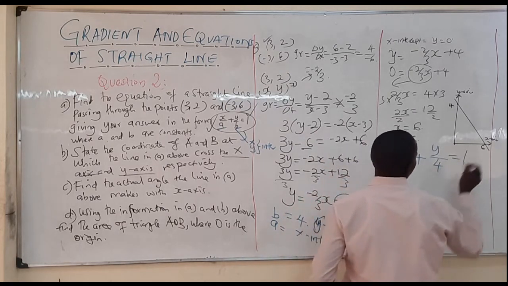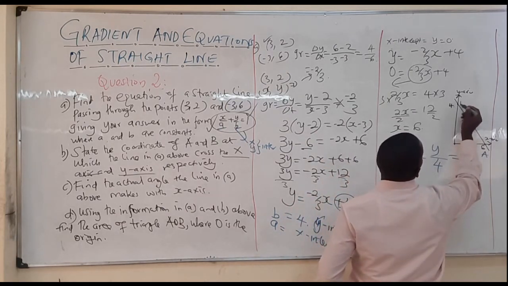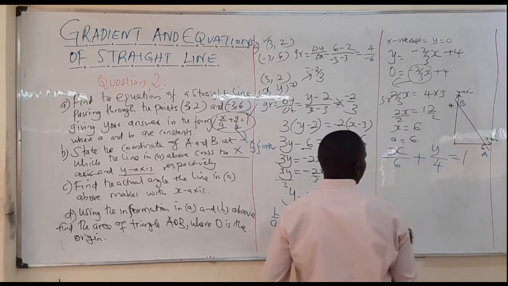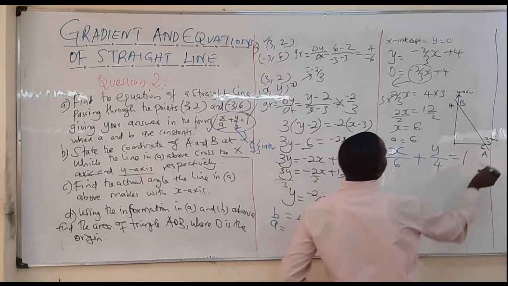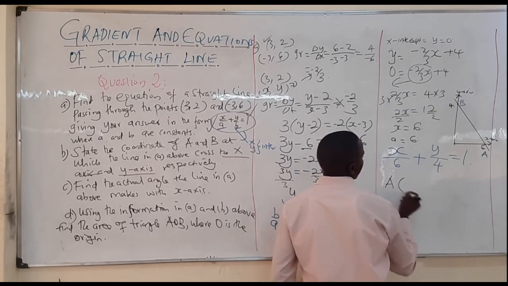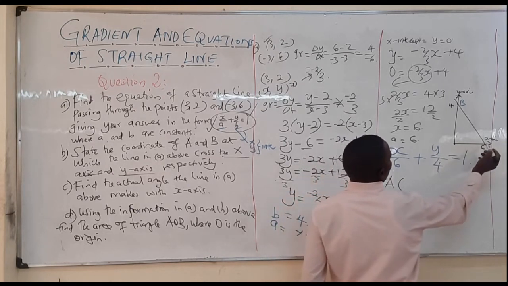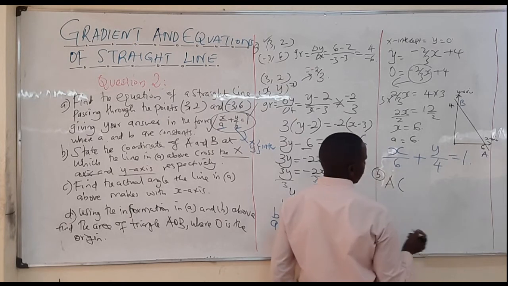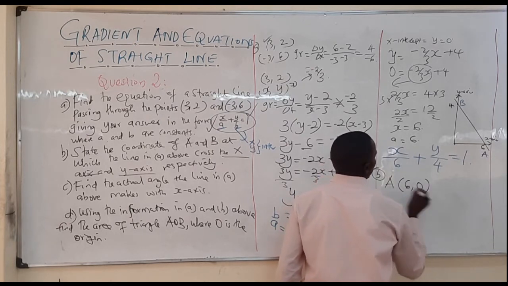So this is our A, this is our B. To get the coordinates of A and B, at A, the x is 6, but we know that the y is 0 at the x-intercept, meaning A is going to be (6, 0).